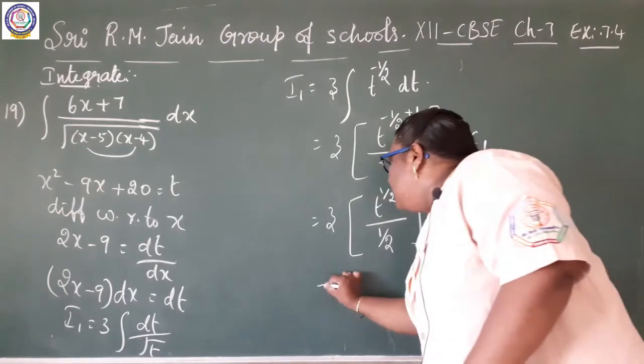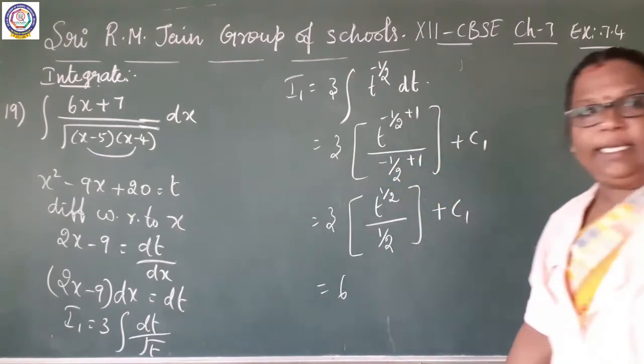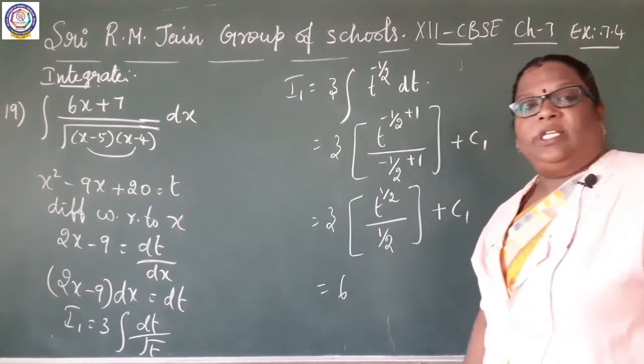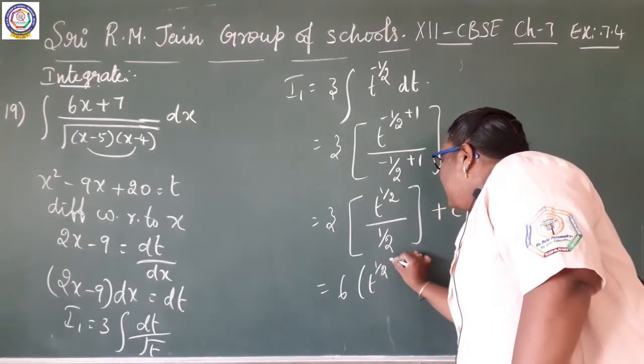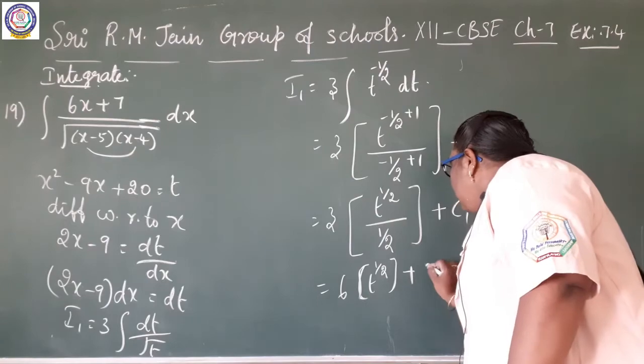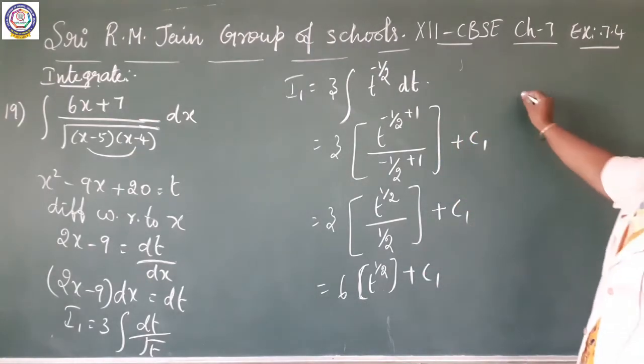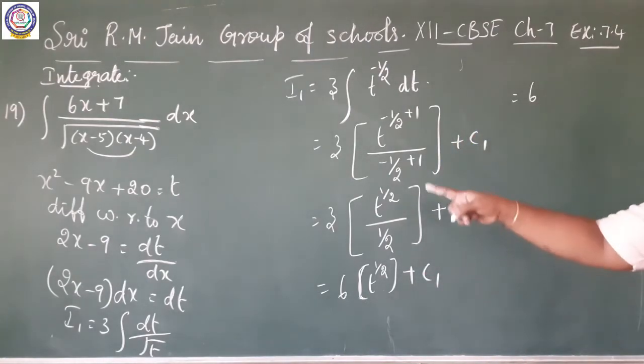Reciprocal of that value. So 3 twos are 6 into t power 1 by 2 plus C1. So it gives 6 into, what is the value of t?